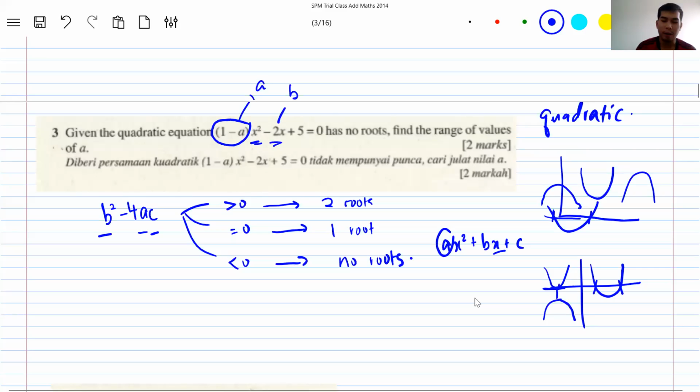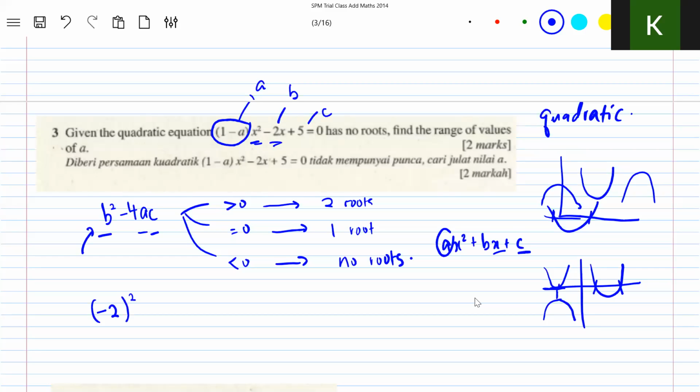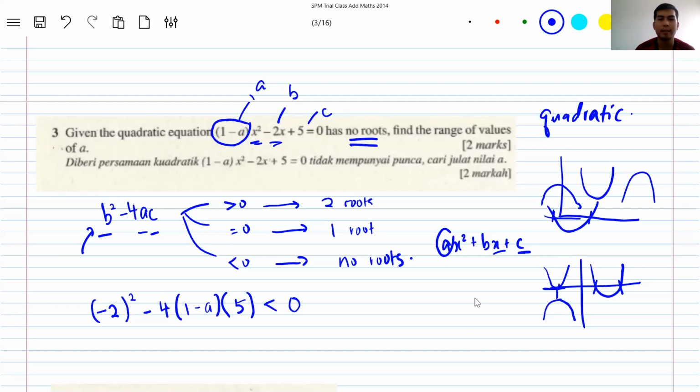We also call it a constant. You can sub it into this formula, right? So b would be minus 2, so it's b squared minus 4. A would be 1 minus a, and c would be 5. And since the question tells us that there's no roots, that means it has to be less than 0.